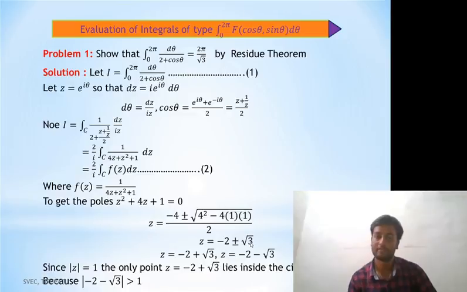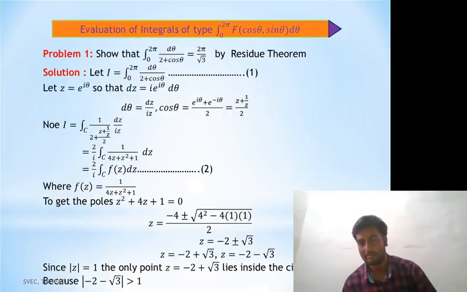Now you need to check which point lies inside, either minus 2 plus root 3 or minus 2 minus root 3. So take its modulus, that's all. Root 3 is approximately 1.7321. Minus 2 plus 1.7321 has modulus less than 1, right? So minus 2 minus something like 1.73, it is greater than 1, right? Because minus 2 minus 1 point something means its modulus is greater than 2. So this point lies outside, and this point lies inside.